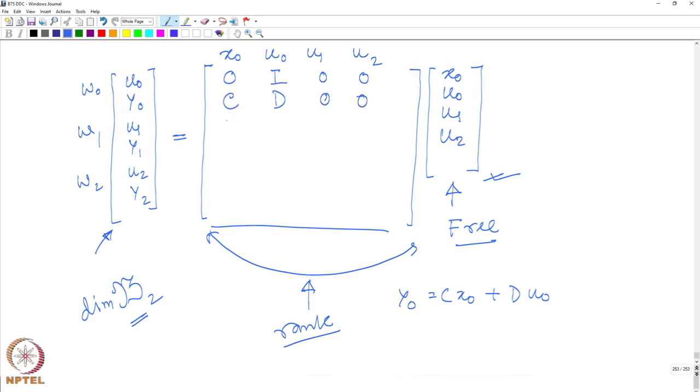What is u1? u1 is 0 0 identity 0, and then y1 is equal to C x1 plus D u1, but x1 is equal to A x0 plus B u0, so y1 is C A x0 plus C B u0 plus D u1. That is what we have.